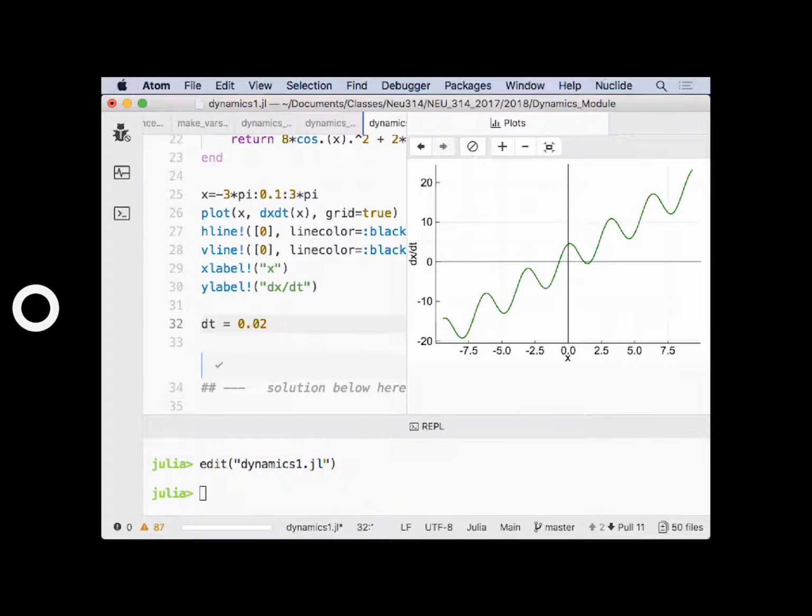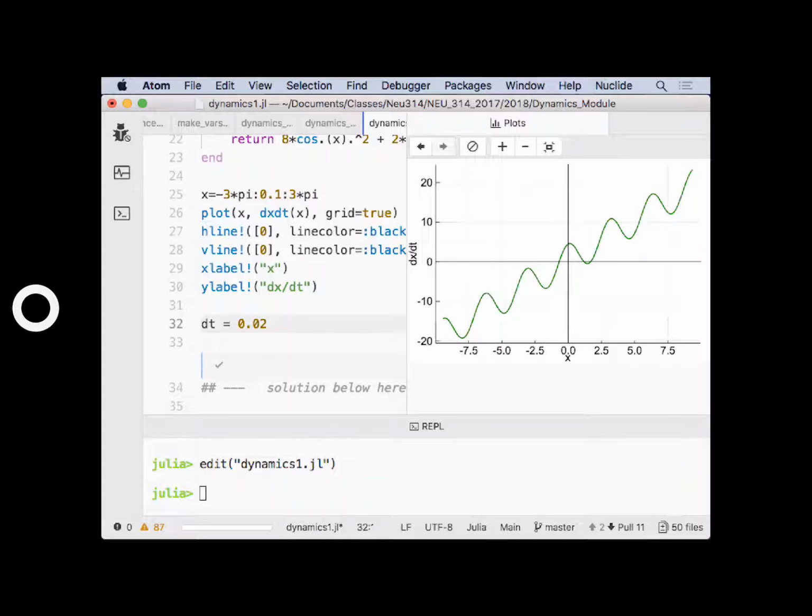I'm going to choose a small value of dt. I don't really know if this is small enough, right? It depends on the equation. So typically what you do is you run the iteration, and you see, do I get a smooth result? If I get a smooth looking result out, that looks reasonable. Or another very good thing that you could do is say, I'm going to run with a value of dt, and then I'm going to run again with a value of dt that's half of that.